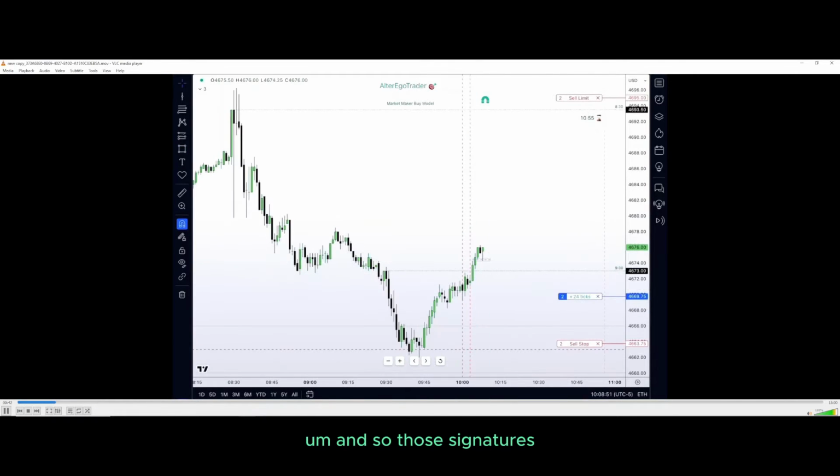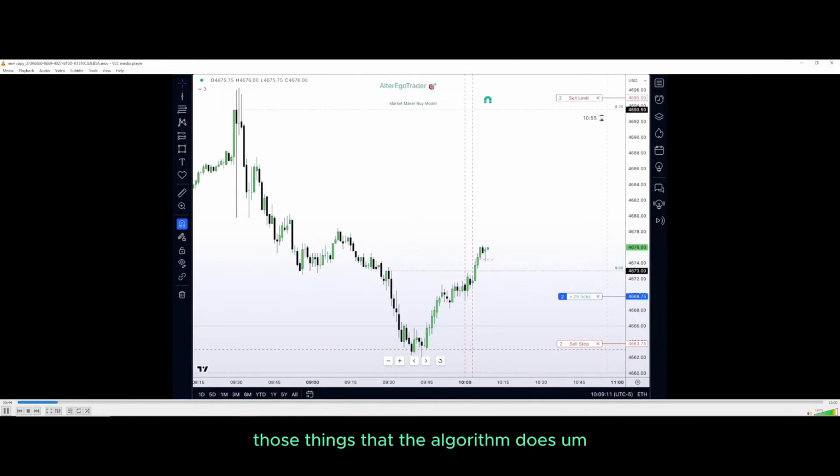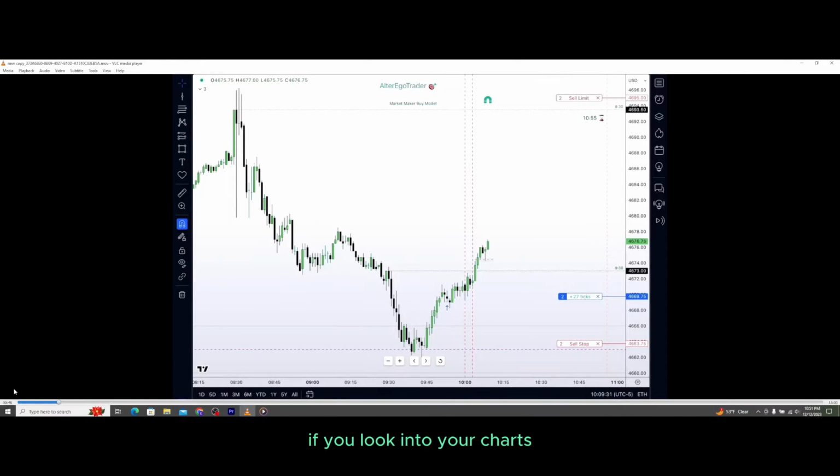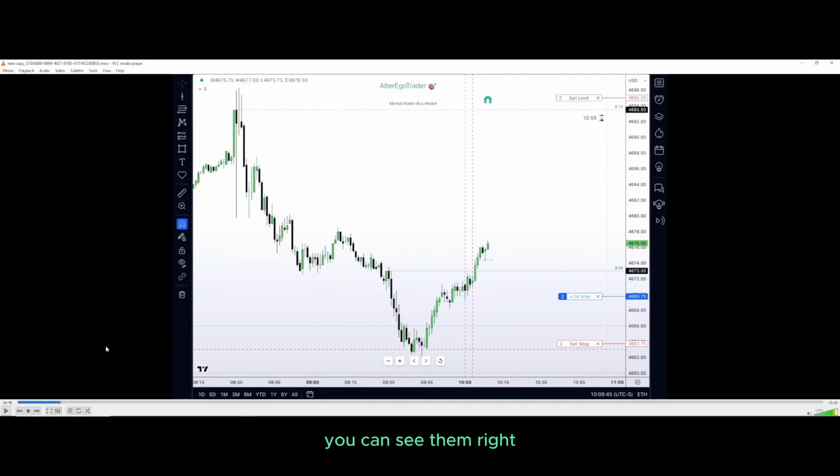Those signatures, the things that the algorithm does, you can see them in your charts if you look close enough. It's just like fingerprints or footprints, you can literally follow it and have an idea of what's coming next, right? That's how you can predict the market.